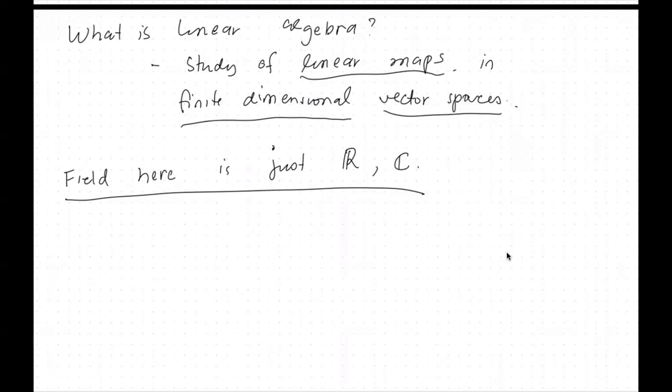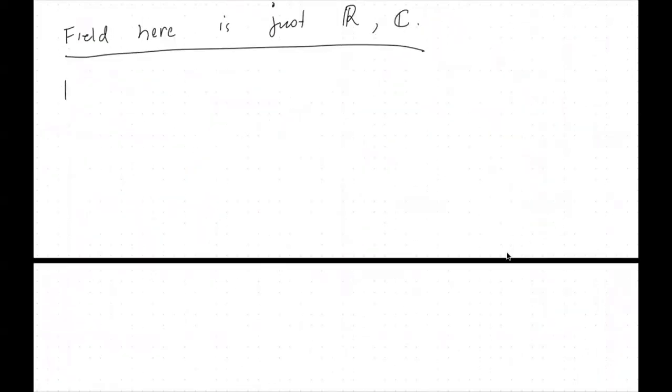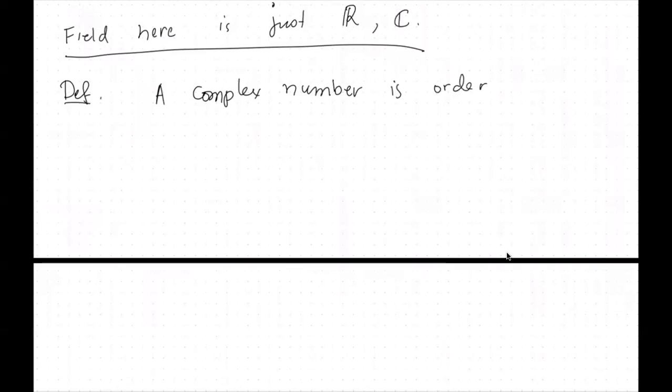All right, let's continue. Let us begin by recalling the definition of a complex number. A complex number is just an ordered pair (a, b) of real numbers.